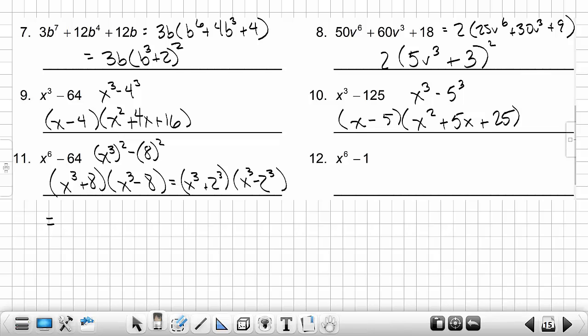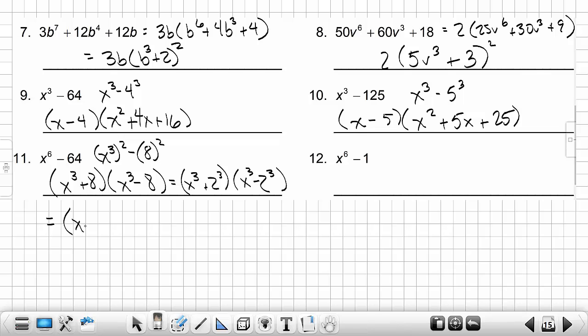So, Kelsey, x cubed plus 2 cubed turns into? Sum of 2 cubes right here. What's my A? What's my B? All right, so use the sum of 2 cubes. Oh, plus.